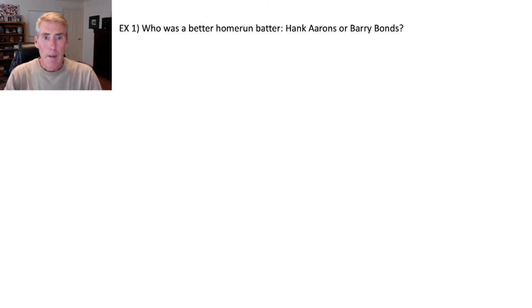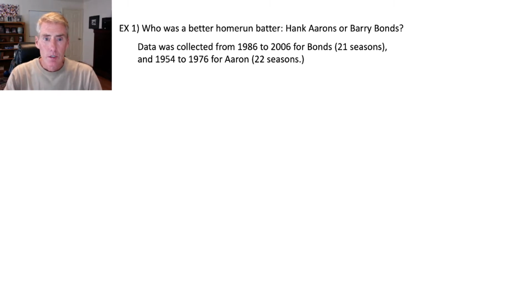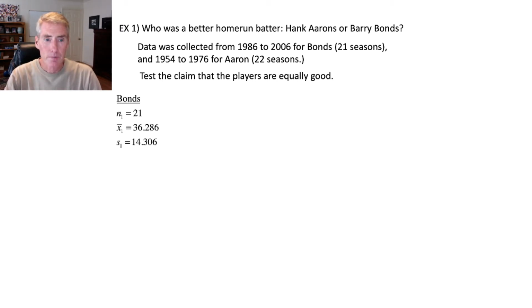So who was better at hitting home runs? Hank Aaron or Barry Bonds? From 1986 to 2006, Bonds played for 21 seasons. From back in 1954 to 1976, Hank Aaron played for 22 seasons. We're going to test the claim that the players are equally good when it comes to hitting home runs per season.